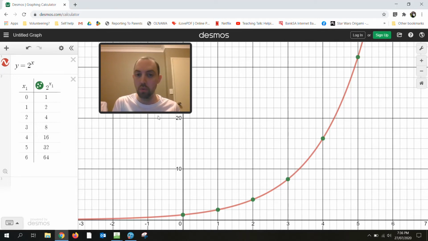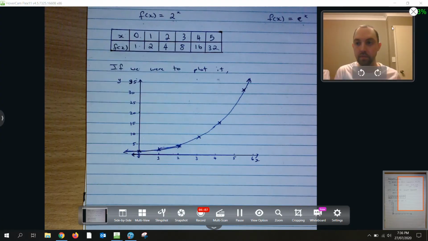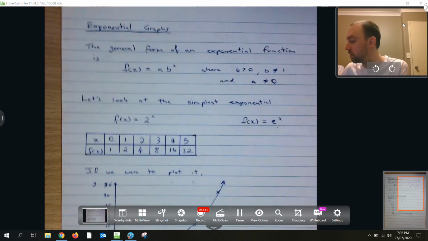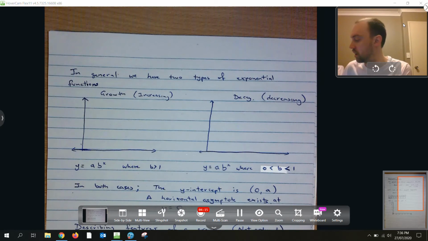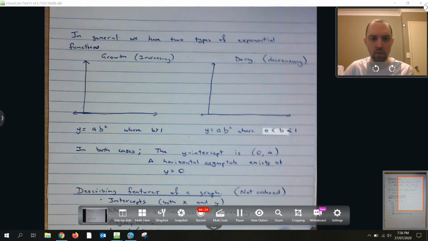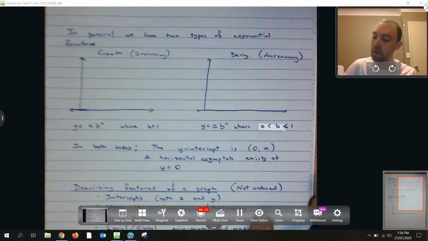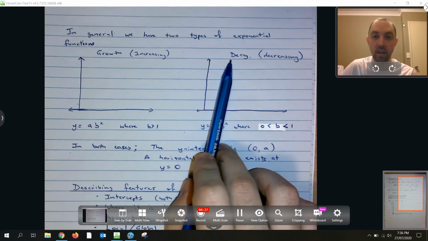What we want to look further at is the general form. What all exponentials look like is something like that. So there's going to be two types of exponentials that we need to be very aware of. They can either indicate growth or they can indicate decay.